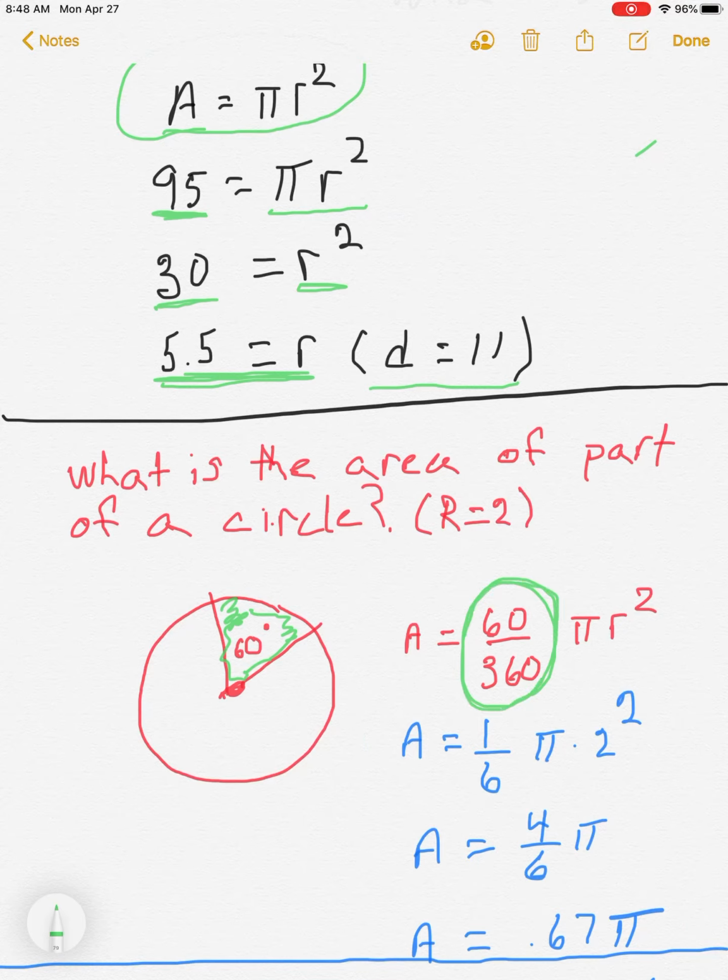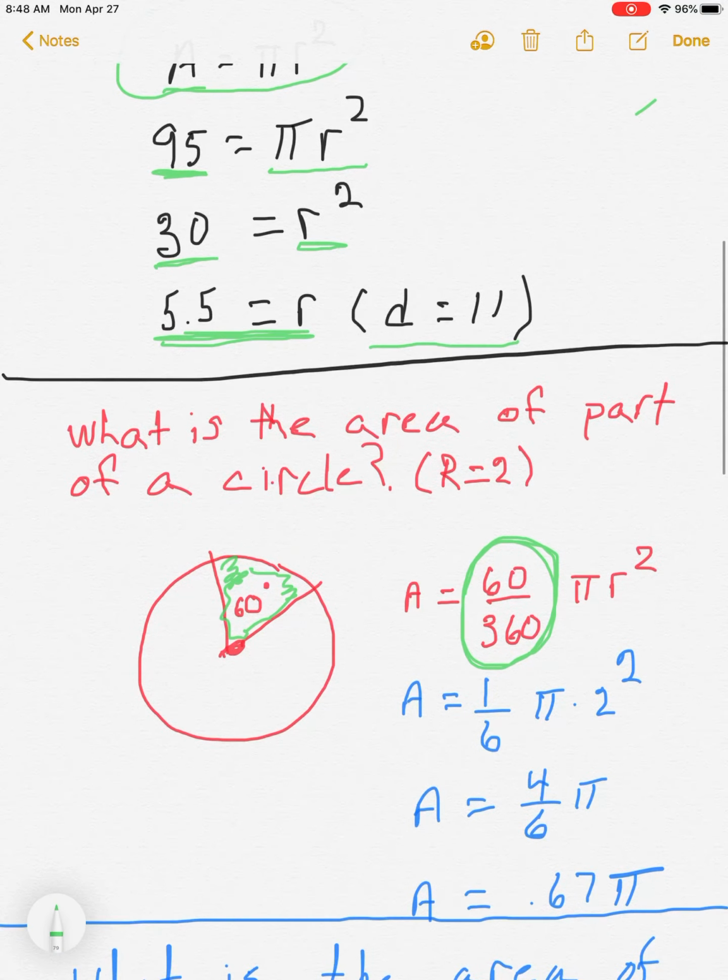The total circle is 360. The portion we're looking at is 60 degrees out of that, 60 out of 360, which is 1/6 of pi r squared, where the radius is 2. 2 squared is 4. We can bring the 4 times the front here. 4 times 1 is 4. So the area is 4/6 pi, approximately 0.67 pi, is the area of this portion up here in green.